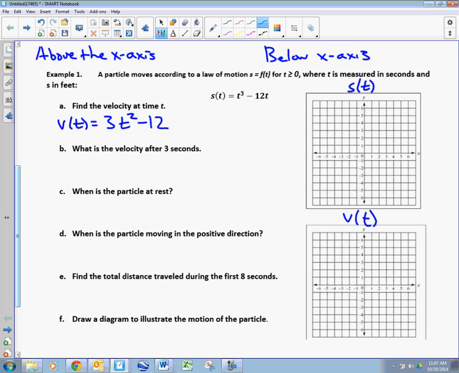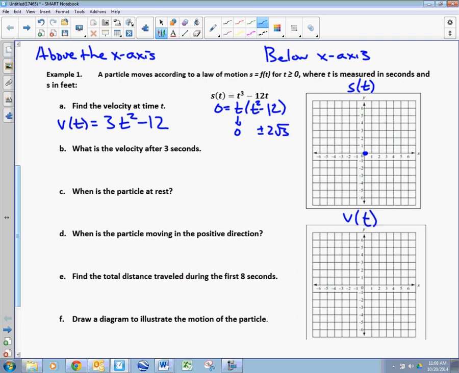S of t, what is that graph going to look like? It's a cubic. It will have 2 turns in it. If we set it equal to 0, you can see that we get t times t squared minus 12. And so you have 3 solutions. One solution happens at 0. And then t squared minus 12, if you solve that equal to 0, you get plus or minus the square root of 12, or plus or minus 2 roots of 3.